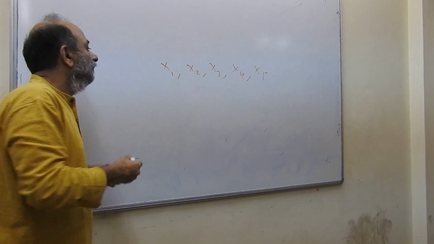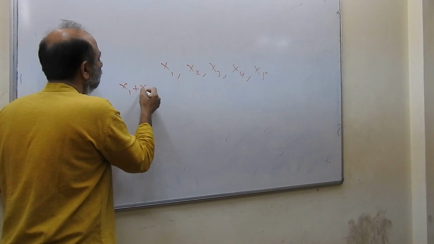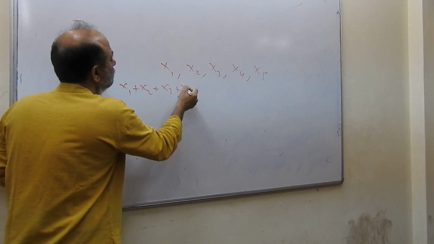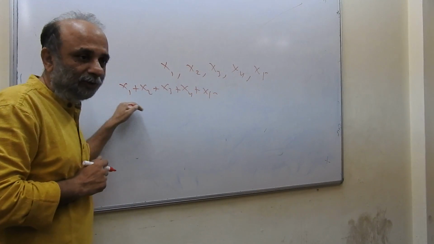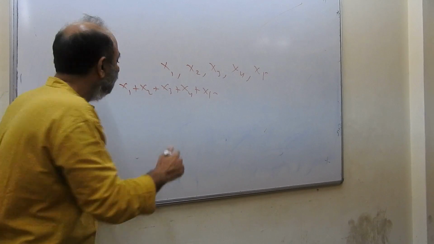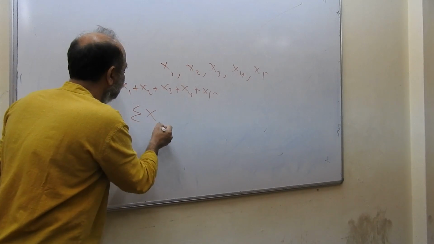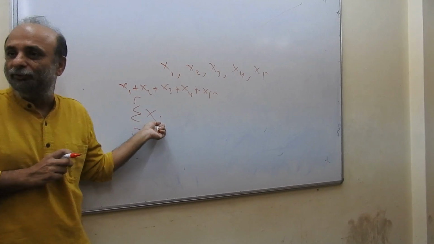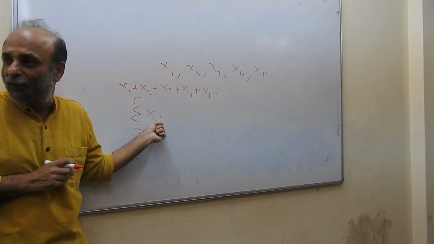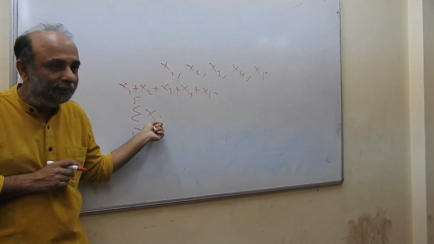Very often, when I want to write x1 plus x2 plus x3 plus x4 plus x5, instead of writing this whole thing, I will write this as summation xi, i goes from 1 to 5. Everybody is used to this idea of writing things?